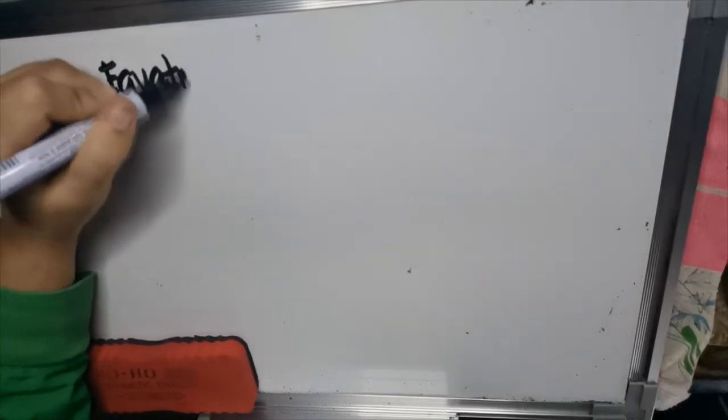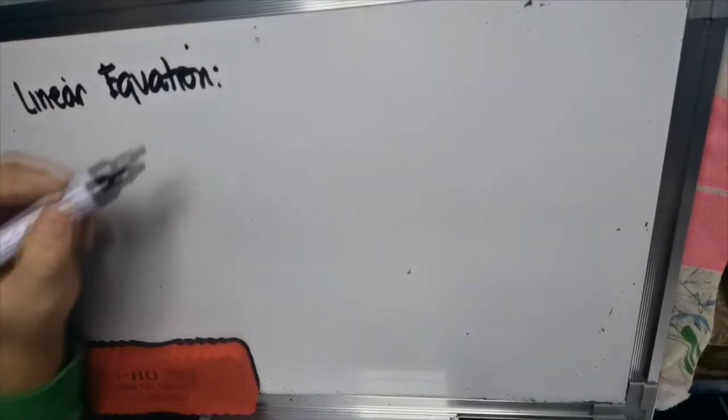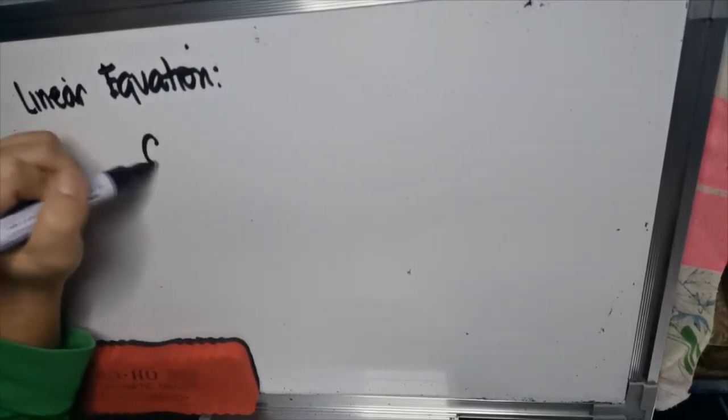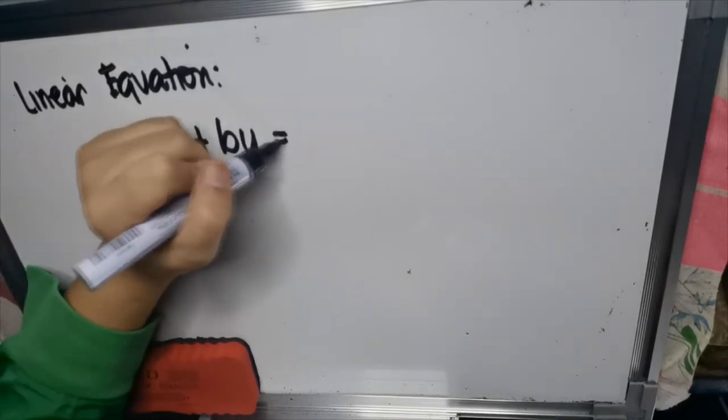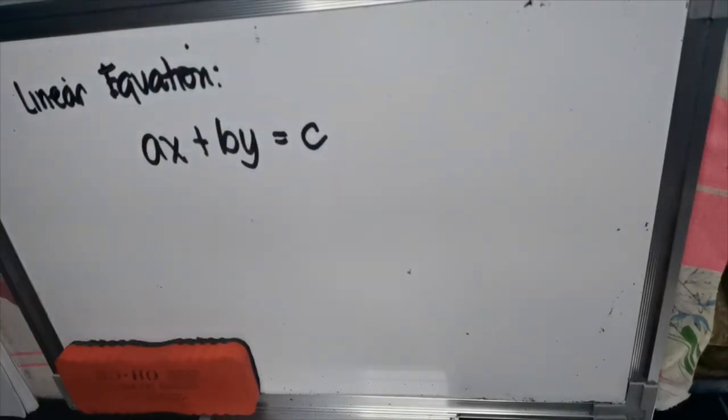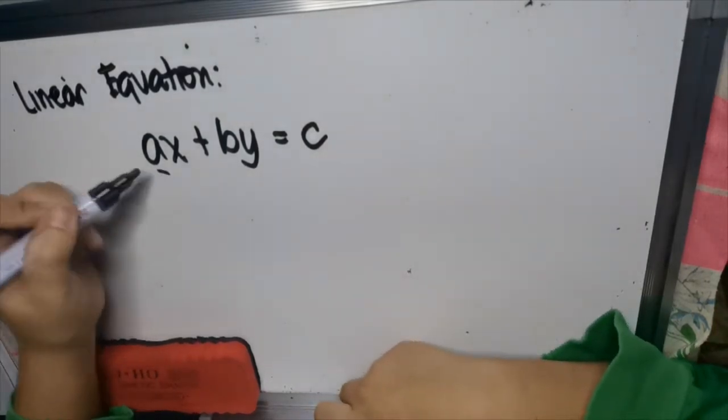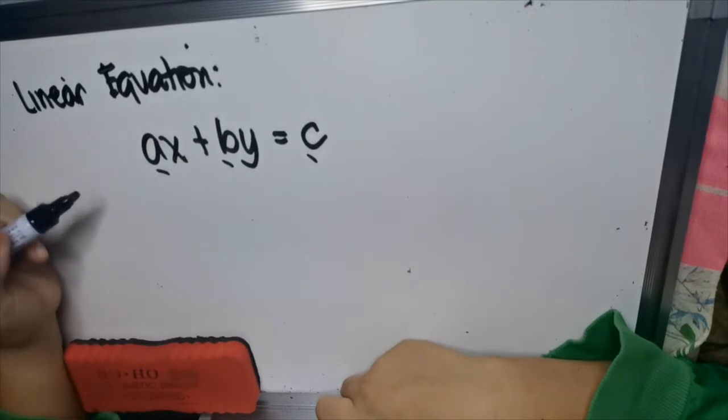So, recall din natin what is a linear equation. When we say linear equation, this is an equation in a form na ax plus by is equal to c. Okay? Wherein, yung ating a, b, and c are constants.